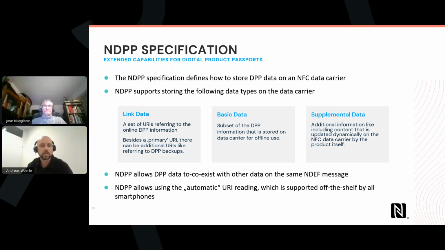The good thing is that it still is coexisting with other record types in NDEF messages, and still allows to make use of the automatic URI switching of the current reading of the current phones. Yeah, and that's it, what I can say about the technical side of NFC Release 15.